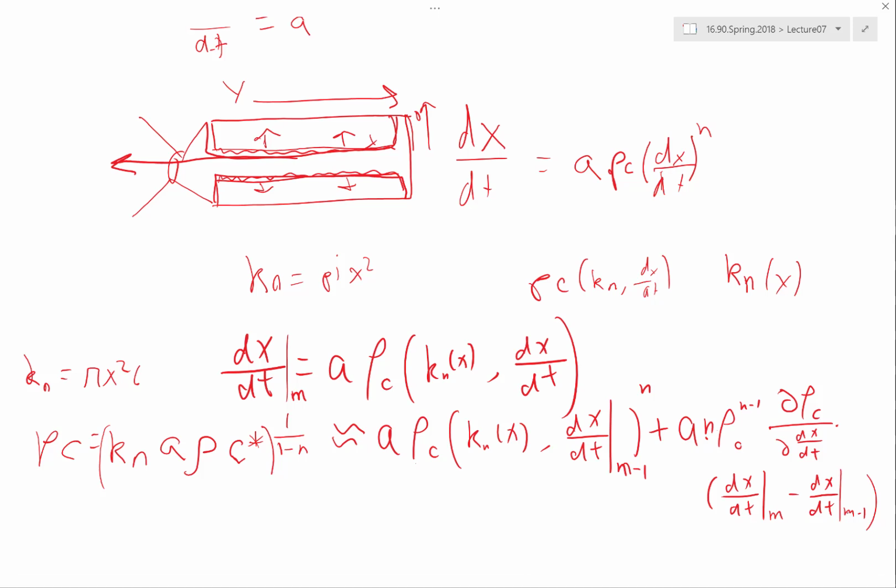But then you can go into this loop again. You can now expand the right hand side, not on the old value, but on the better guess of your current dx/dt, and do this again. So basically using Newton's method to solve for dx/dt once you are given the value of x.